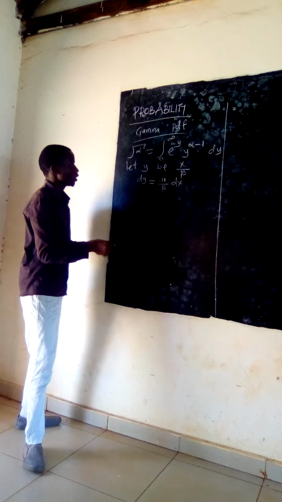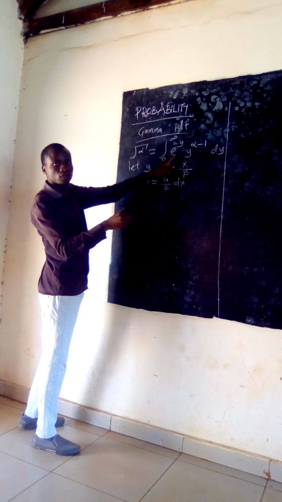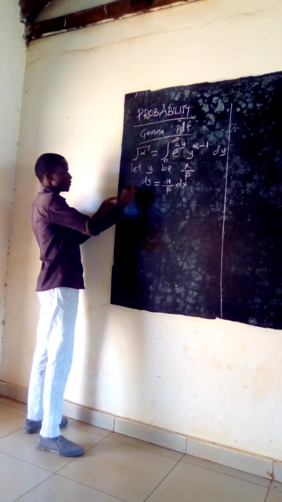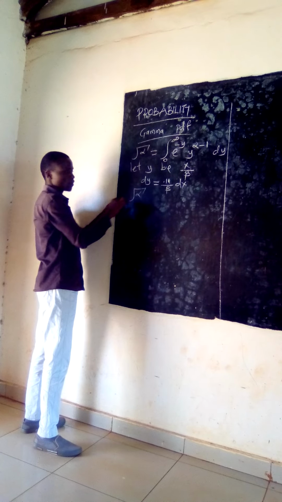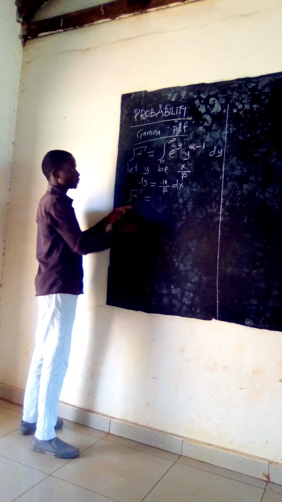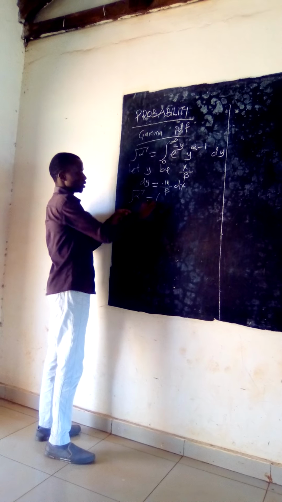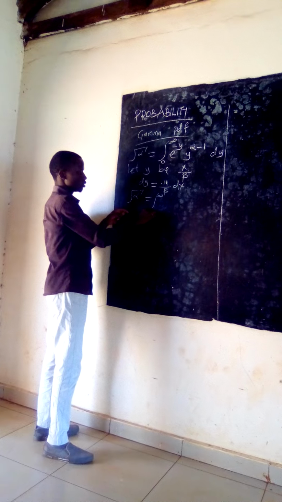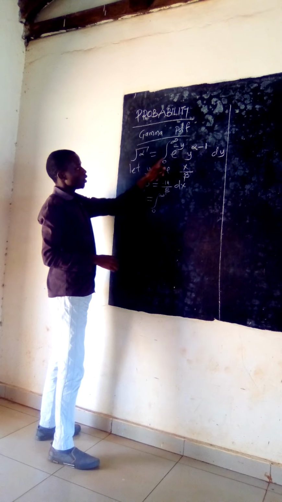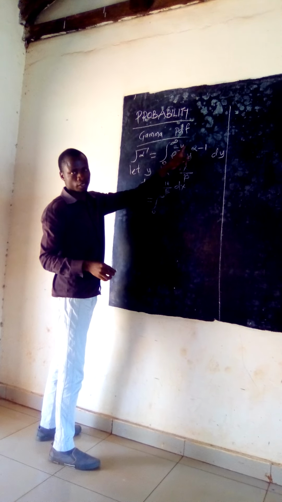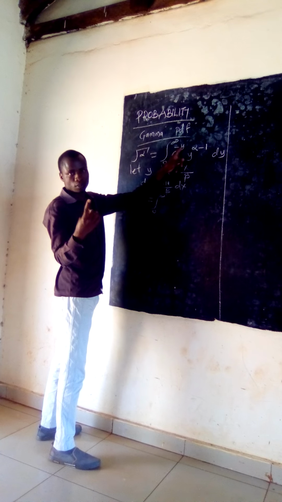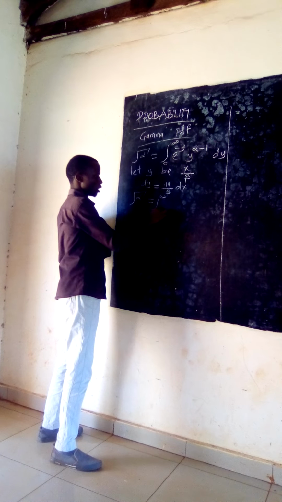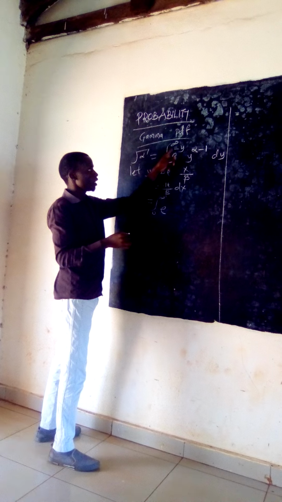So let's see. From the function, gamma of alpha is equal to the integral from 0 to infinity of exponential of negative y.